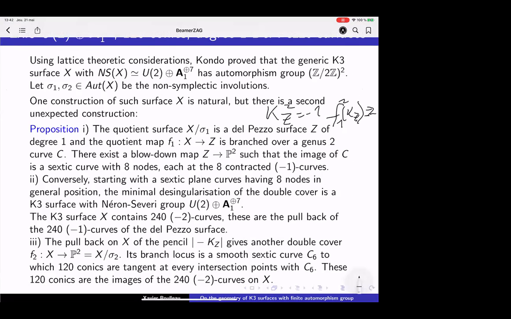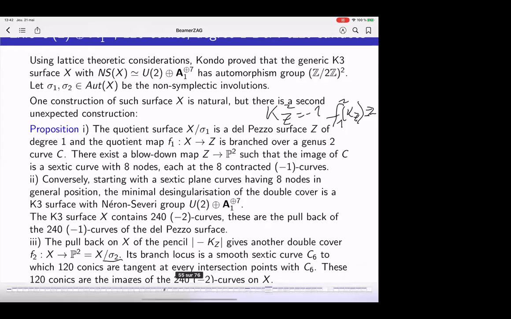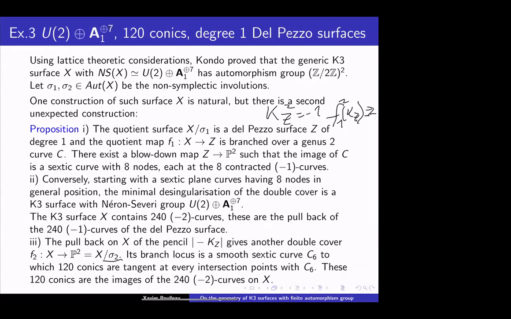So if you take the pullback by f1 of the pencil minus K_Z, that gives you another double cover, which is the double cover associated to the second involution. And the branch locus is a smooth sextic curve to which the 120 conics are tangent at every intersection point. And the 120 conics are the image of the 240 -2 curves on your K3 surface X.